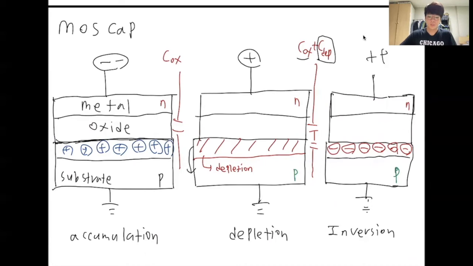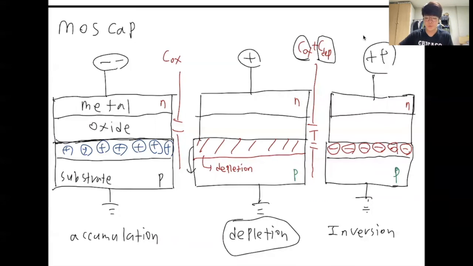In depletion mode, the total effective capacitance is the oxide capacitance and the depletion capacitance. In the depletion region, there is no mobile carrier, so it affects the total capacitance.